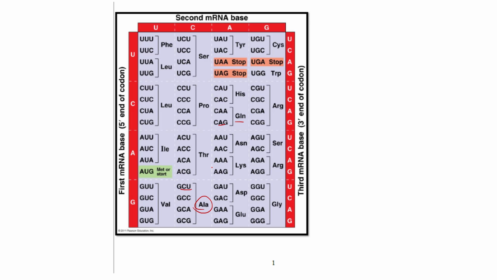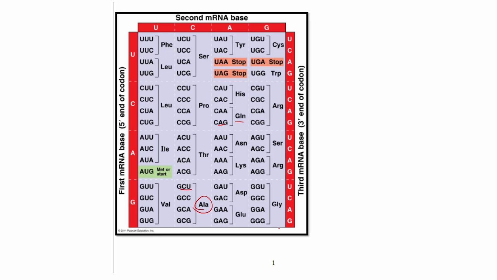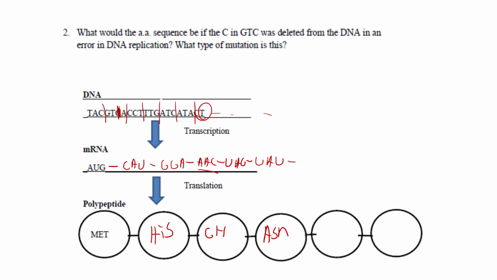AAC is ASN. Is that right? Okay, and UAG is, oh, we've hit a snag. We have a stop codon before we're even done.